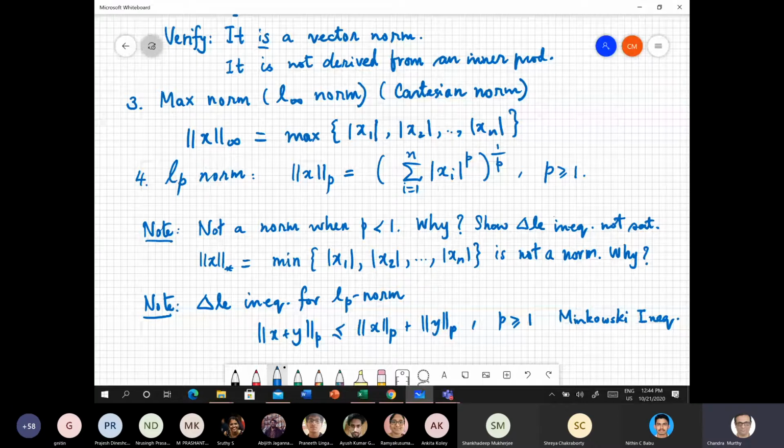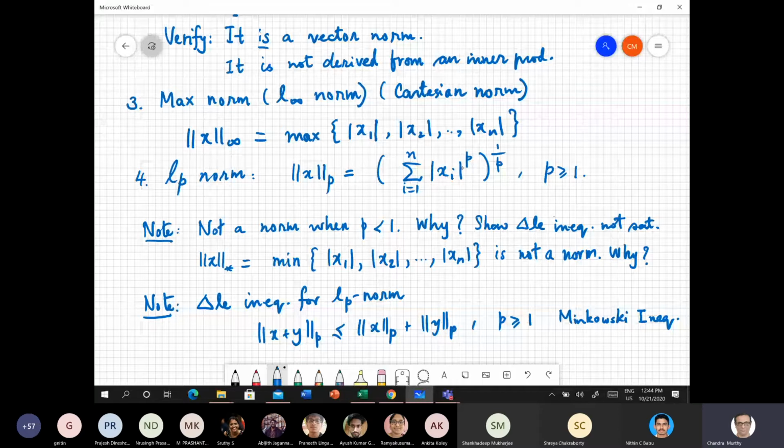So in this definition of the LP norm, if I substitute p equals 1, then it is mod xi to the power 1, whole power 1, and so that reduces to the sum norm. And if I take p very, very large, then when I take mod xi to a very large power and add them up across all the xi's, the largest magnitude entry in the vector x will completely dominate the sum.